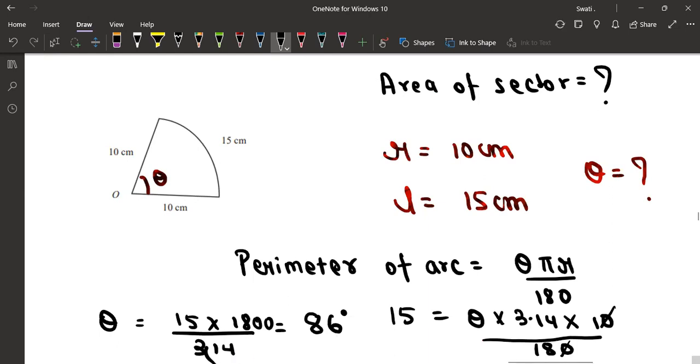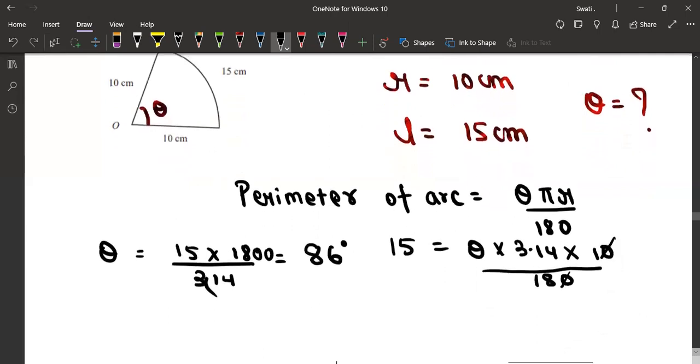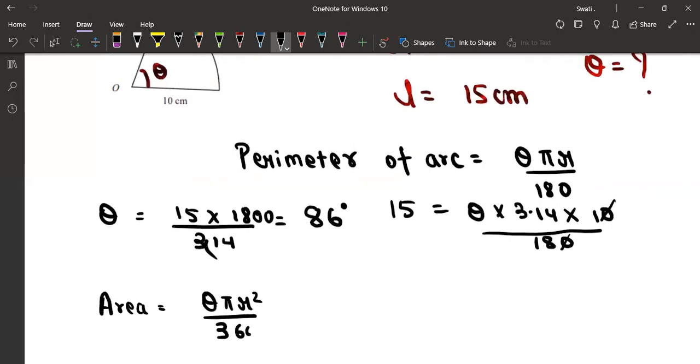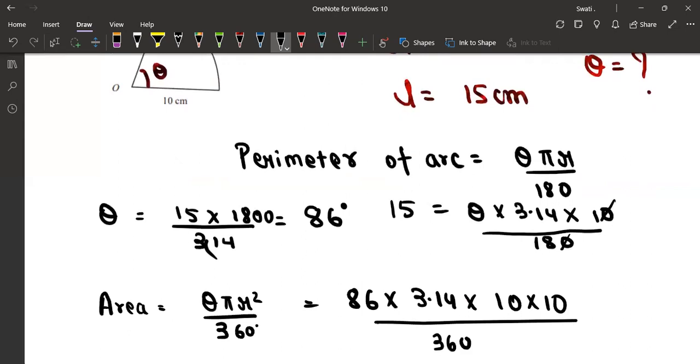So the value of theta, we have got 86 degree, and now we need to find the area of a sector. It's very simple. We know the formula of the area of a sector. We will simply write area, and the formula is theta pi r square over 360. Theta is 86 degree approximately. Pi is, let's write 3.14 only. R is 10, so 10 into 10, and 360 as it is. Now I'll cancel this and write 100 here.